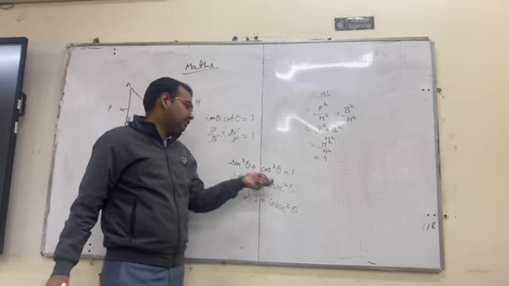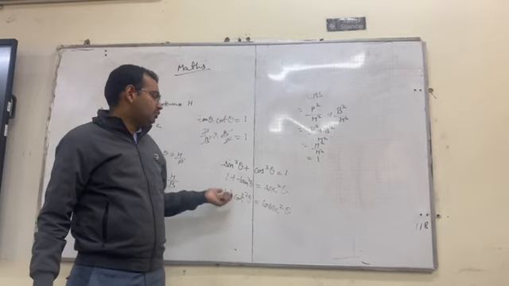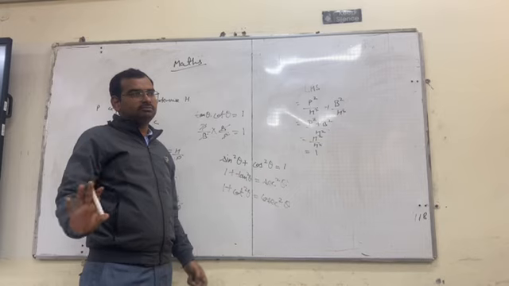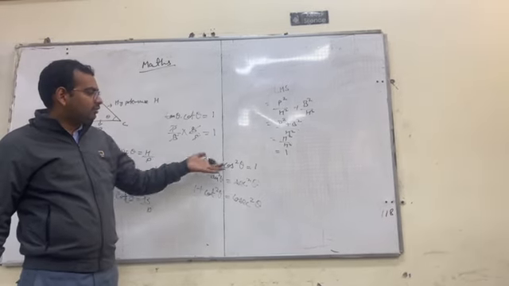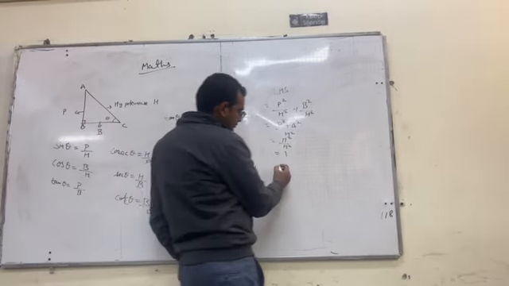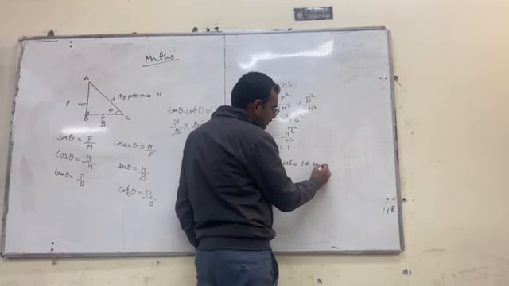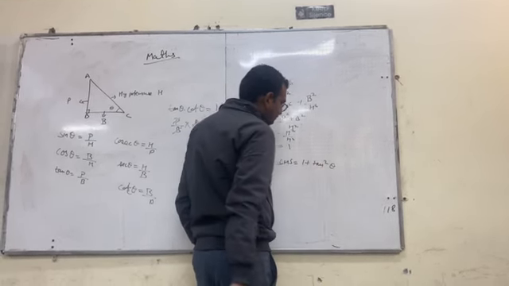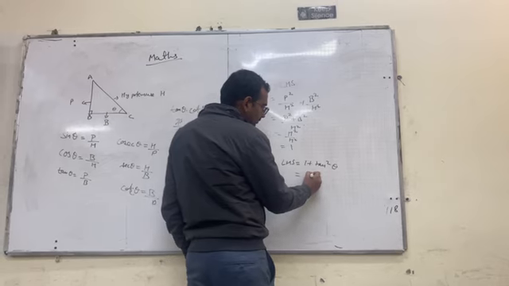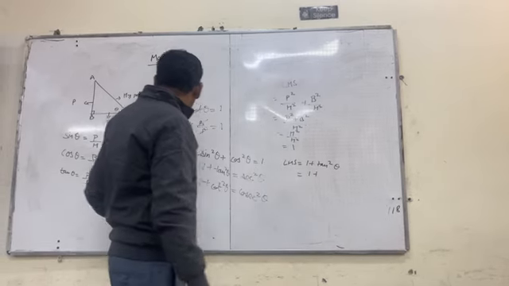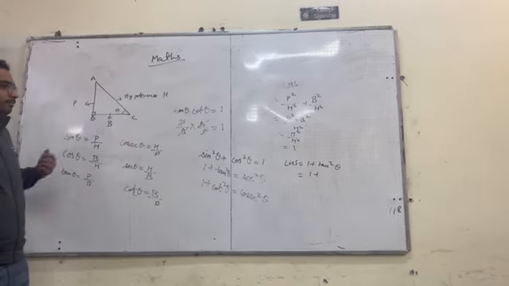1 plus tan squared theta equal to sec squared theta, and 1 plus cot squared theta equal to cosec squared theta. 1 plus tan squared theta equal to sec squared theta. Let's take LHS equal to 1 plus tan squared theta. So 1 plus, what is tan squared theta? It's perpendicular upon base.